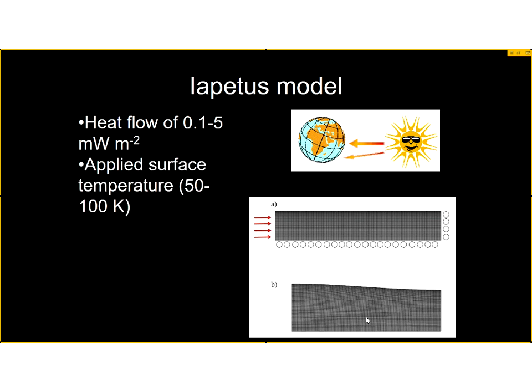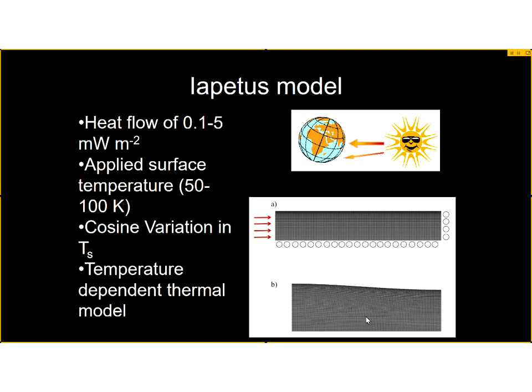And then I applied a range of surface temperatures from about 50 to 100 Kelvin. And I used this cosine variation in surface temperature. So if you imagine a square of sunlight at the equator, and then you slowly start moving that square so it stays tangent to the surface, you get about a cosine variation in the amount of sunlight, or solar flux, that you get.